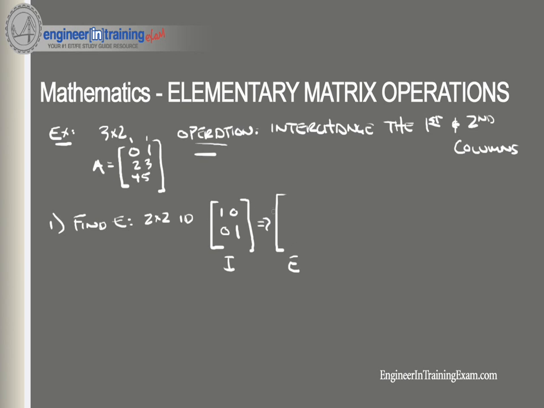Now that we have E, we need to post-multiply A by E to complete our operation and get our new matrix. So we know A is 0, 1, 2, 3, 4, 5, and E is 0, 1, 1, 0.